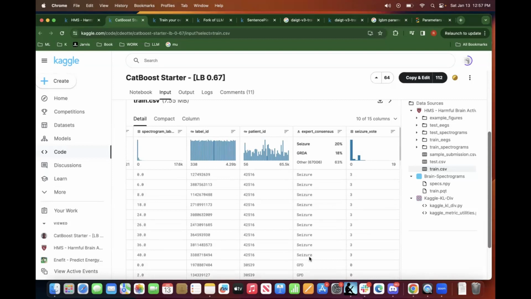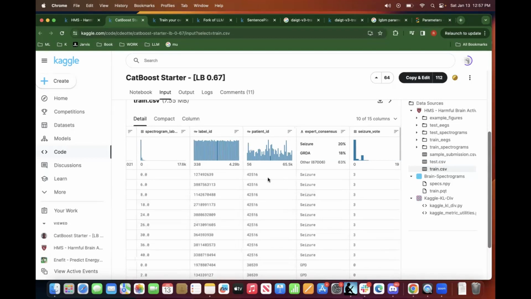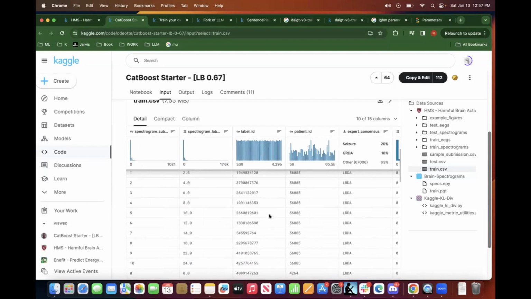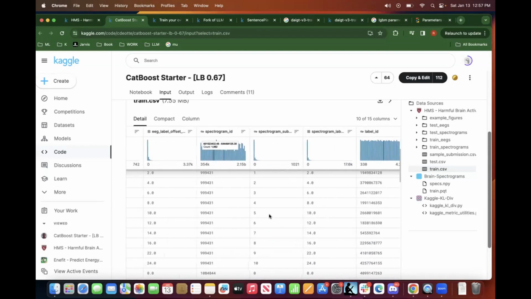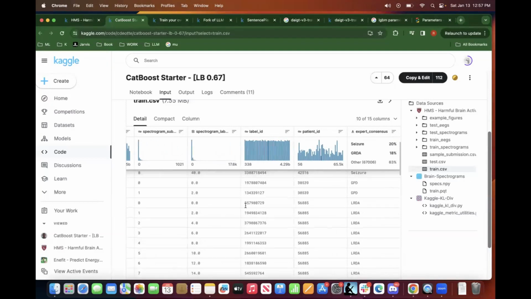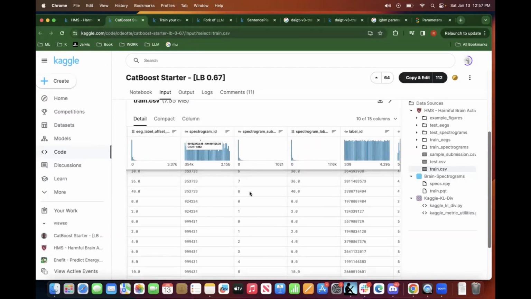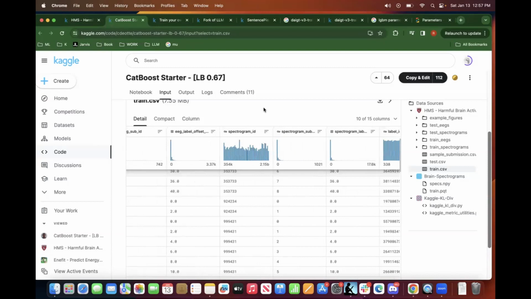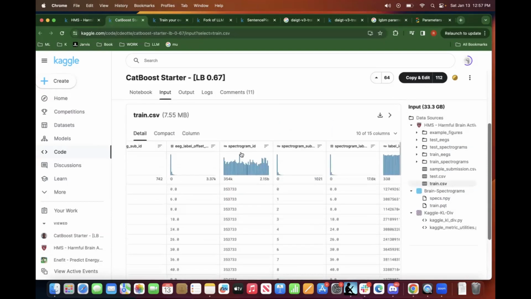The number of votes in each of the 6 classes is what is given in the seizure vote, or in each of the underlying class name _ vote. So it could be, for example, one expert says it's an LRDA vote, and another says it's a GRDA vote for the same spectrogram.